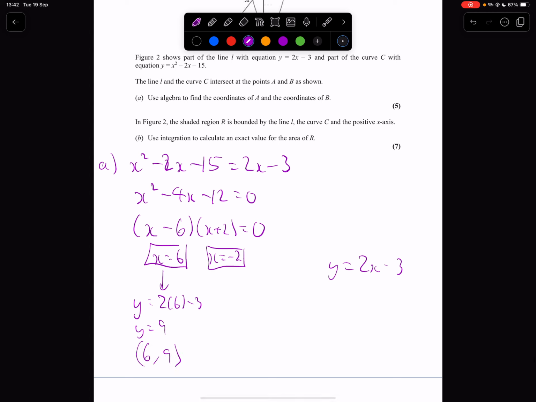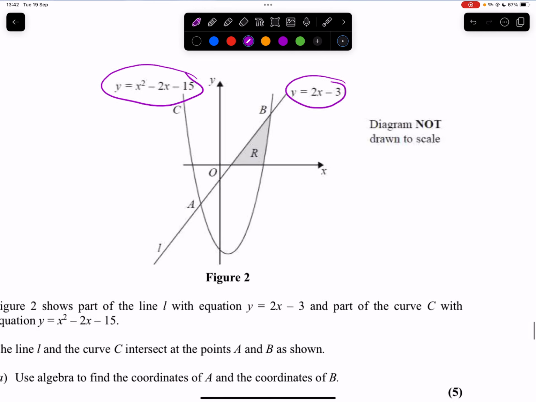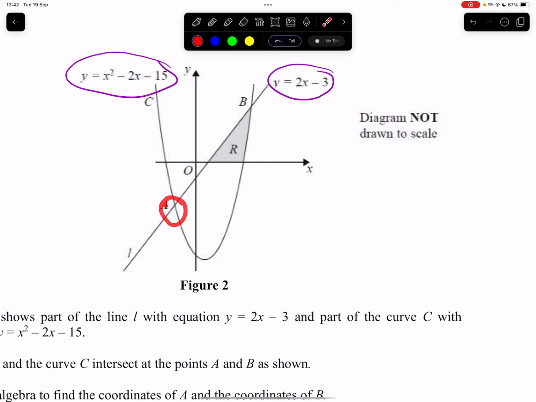So 6, 9. And when it's minus 2, you've got 2 lots of minus 2, take 3, which is minus 4, take 3, which is minus 7. And looking at the diagram, the negative 2 is A, the positive 6 is B, based on where they both are.